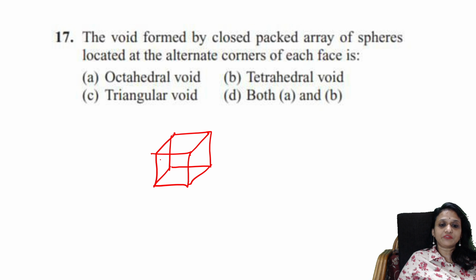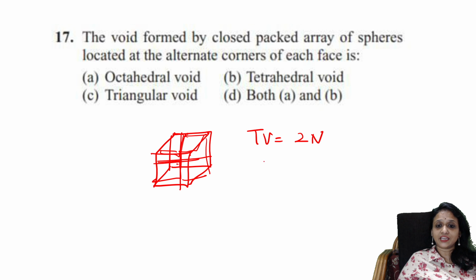For each cube or each unit cell, when I take one frame like this, remember, number of tetrahedral voids are 2n. Number of octahedral voids are n. So what did they say? The void formed by close packed array of spheres located at the alternate corners of each face. So alternate here, here, alternate faces. What is it? It's nothing but tetrahedral void.